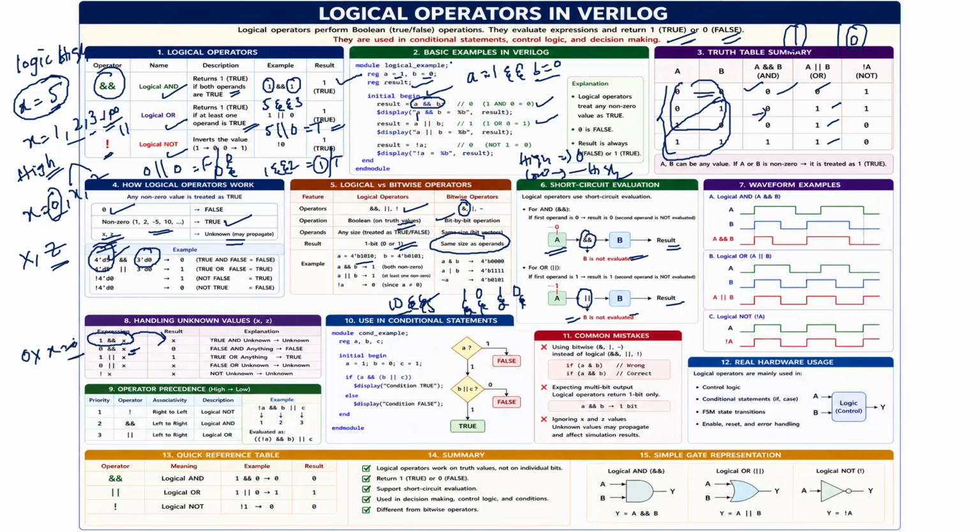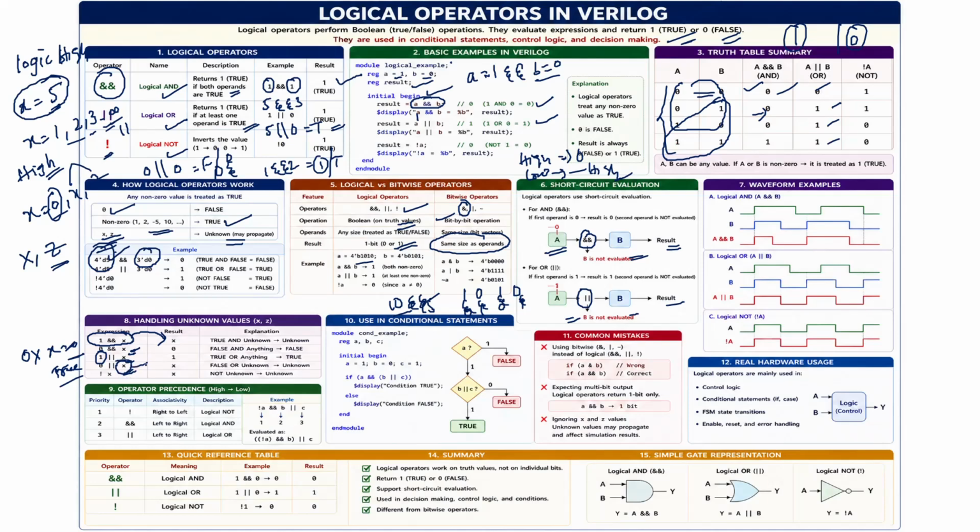For OR it is not like that. If any value is true, true ORed with an unknown value, the true value only comes. True is the highest priority. Here 0 OR unknown means false OR unknown, so we get the unknown value.